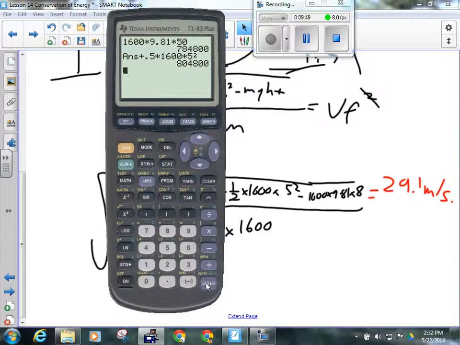Now the next thing I have to do is subtract the final potential energy, so I subtract 1600 times 9.81 times 8. There's my final kinetic energy. I want to find VF, so now I'm going to divide by 1/2 of 1600.